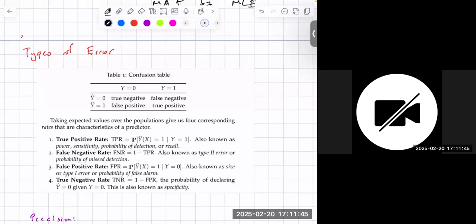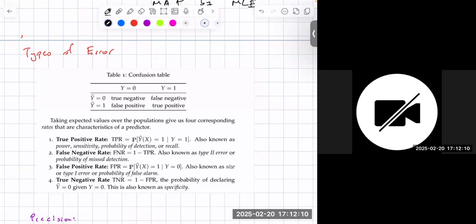Okay, the rate of this divided by the sum of the 2. You could also write this as follows. Probability of your prediction being 1, conditioned on the label being 1. This is true positive rate. And it has a whole bunch of other names. Okay, it is also called recall. That will be the most common thing you will hear. Instead of true positive rate, people will say recall.